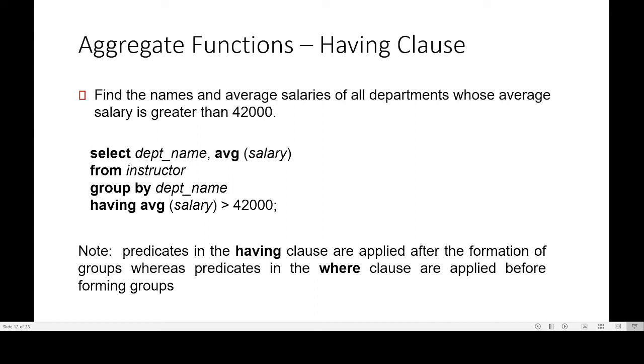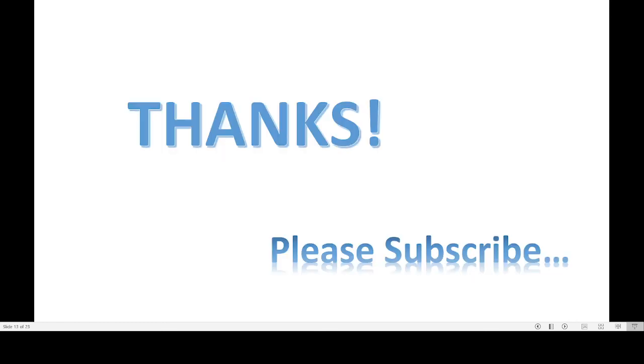When you use the where clause, the group by is formed after the where clause, but when you use the having clause, the group by is formed before the having clause.